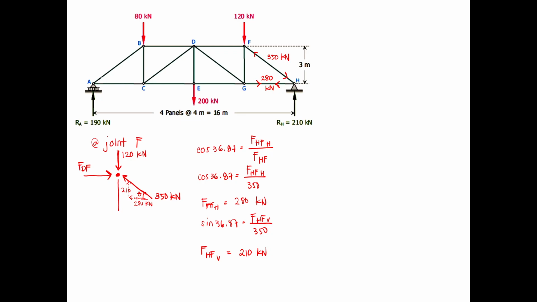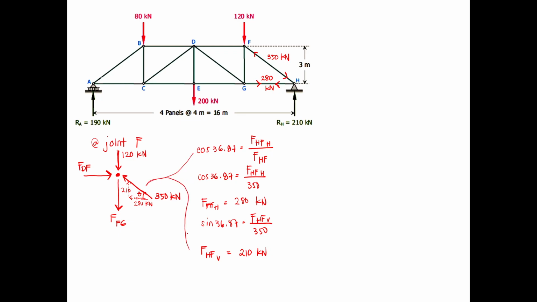To counteract the 210 kilonewton vertical force, force FG should be going downwards. We know that force FG is going downwards because we analyzed the components of the diagonal load through these solutions.